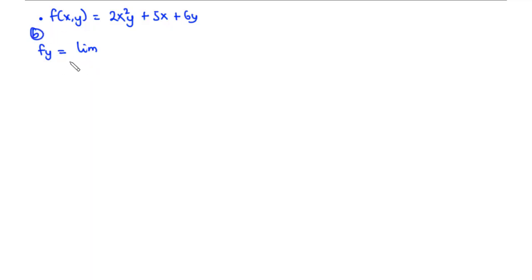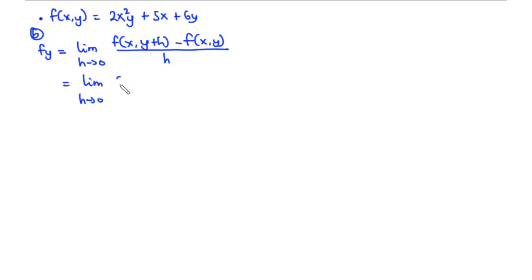Using limits, we have that equal to the limit as h approaches 0 of f of x comma y plus h minus f of x y, all divided by h. So this is going to be the limit as h approaches 0 of, now f of x y plus h means that wherever we see y in the original function, we are going to replace that by y plus h.